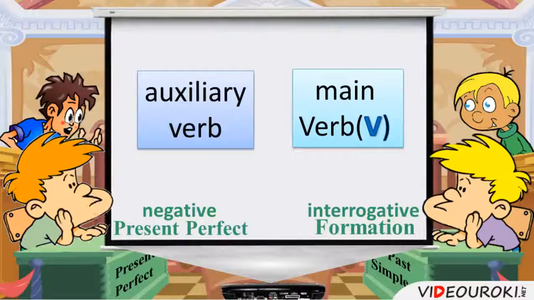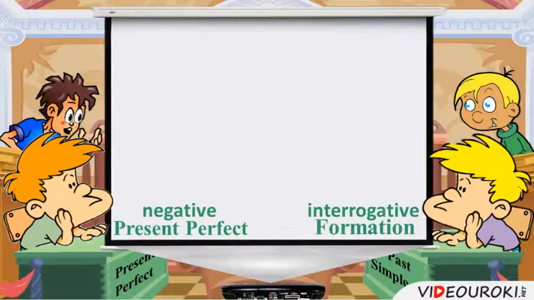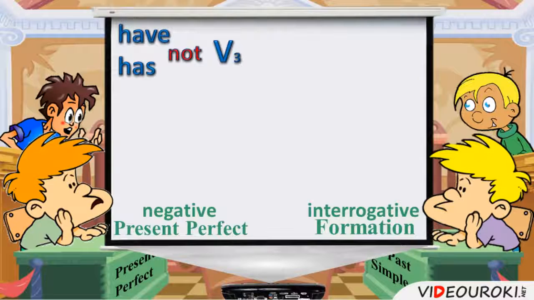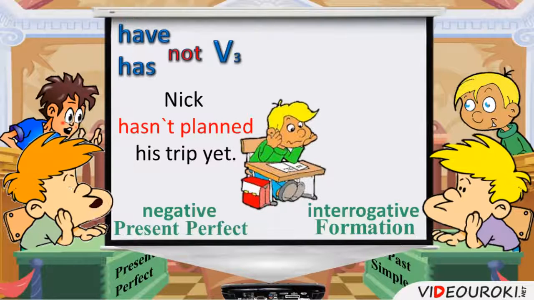In the present perfect, the auxiliary verb is have, has. And to build a negative sentence, we use not after it. Look, Nick hasn't planned his trip yet.